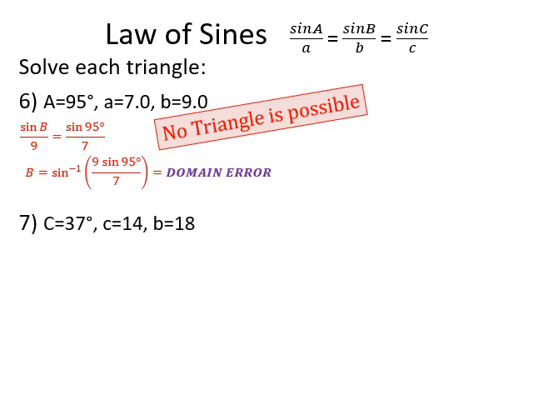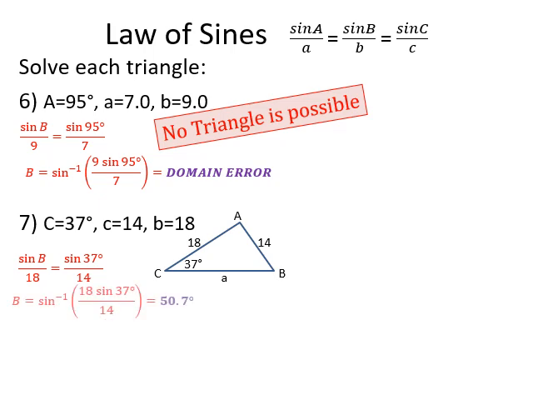All right, let's look at number 7. So again, we have an angle, an opposite side, and then another side as well. So again, this is still angle side side. So solve that one. So it looks something like this if we were to draw it. And so first thing we're going to do is look for B. And so that is 50.7.